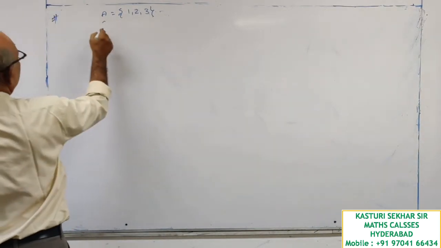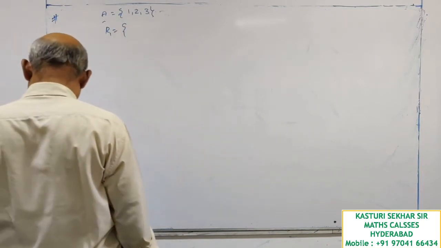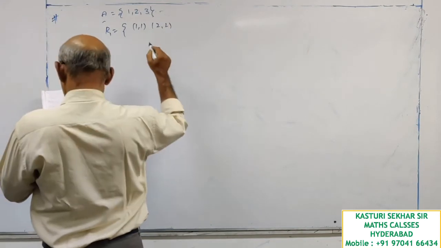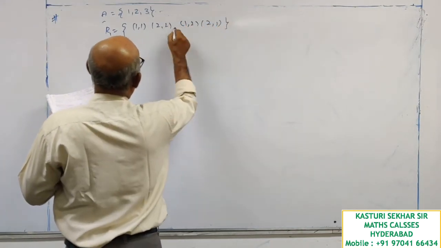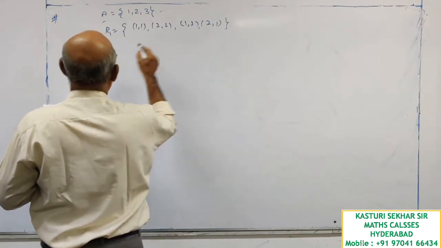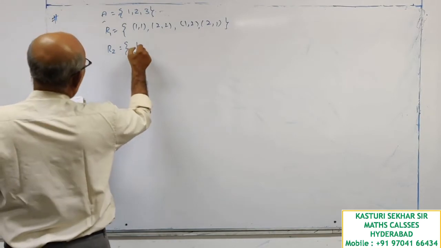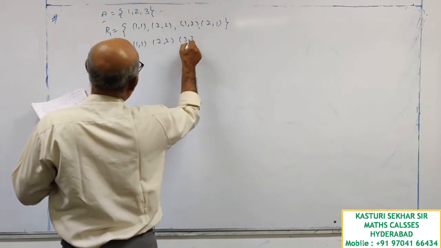Let's see the next question. R1 = {(1, 1), (2, 2), (1, 2), (2, 1)}. R2 = {(1, 1), (2, 2), (3, 3)}.